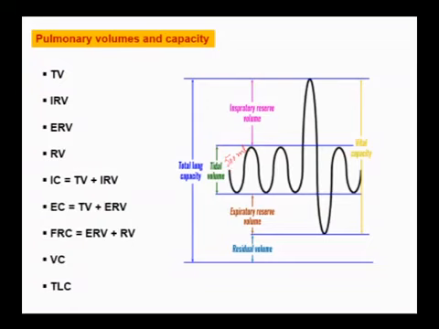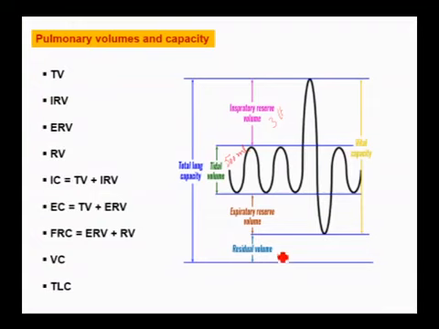IRV is the inspiratory reserve volume. When we inhale in deep breathing, there would be around 3 liters of air that we breathe in, and it is said to be the inspiratory reserve volume. When there is a deep exhalation, we say it is the expiratory reserve volume.